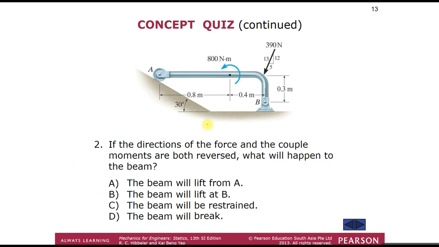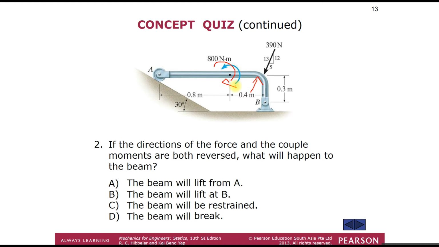Next question. If the directions of the force and the couple moment are both reversed, meaning the direction of the force is, for example, this way, and the moment is turned that way, what will happen to the beam?